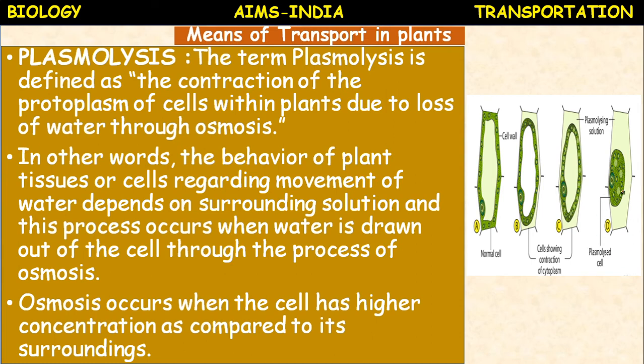The cell is plasmolysed. See, the content of the cell is reduced here. We can say that due to the withdrawal of water from the cytoplasm and central vacuole of the cell, the size of the protoplasm reduces. This is the first stage of plasmolysis.